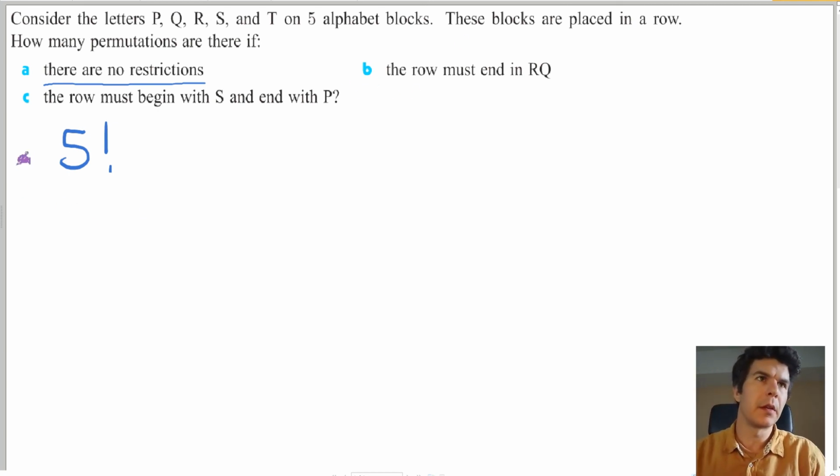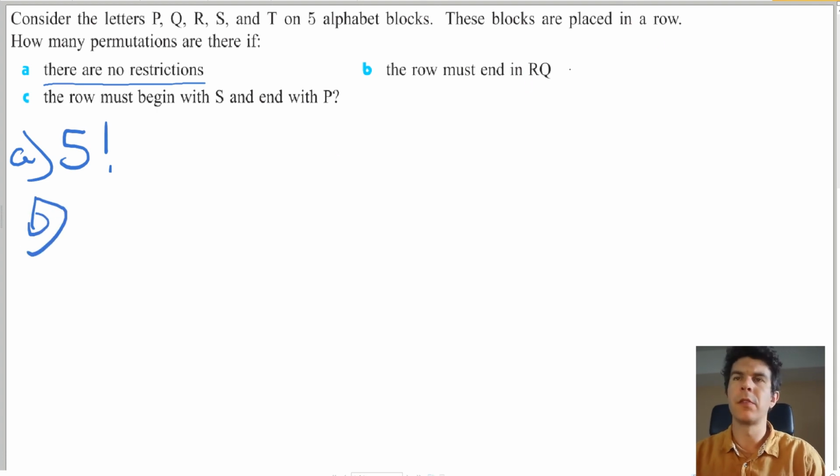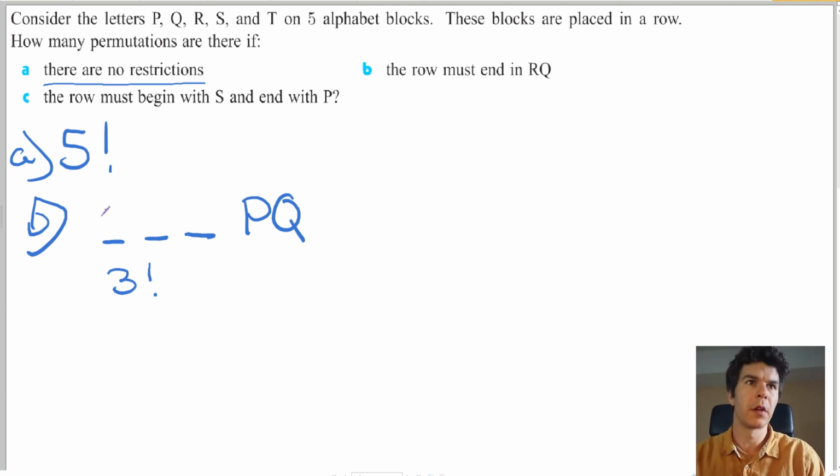Looking at B, if the row must end in PQ, we have blank, blank, blank, PQ. So basically, you end up with 3 factorial because we have R, S, and T split up in these ways.